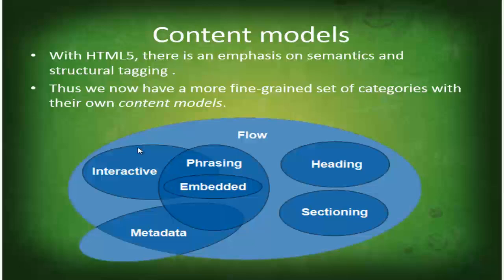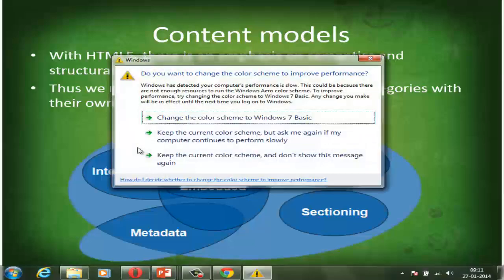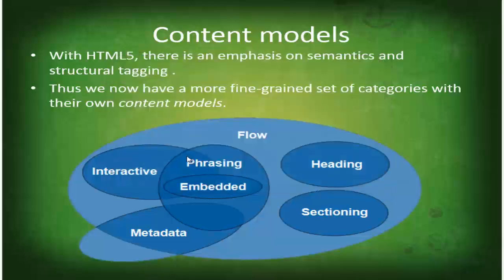Now, in HTML5, the specs are more on structure and semantics. They wanted to emphasize both the structure as well as the meaning of the controls, and because of that, they have given 7 different content models, or 7 different kinds of elements. You will notice a Venn diagram shown there.